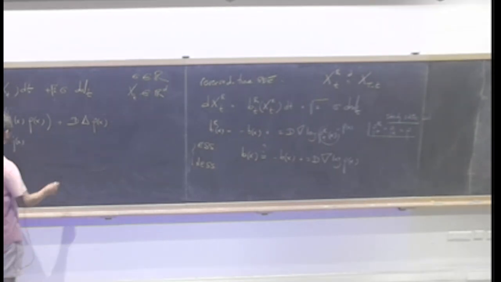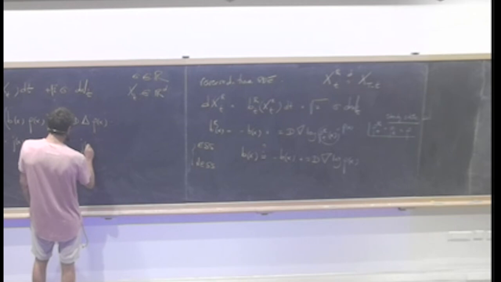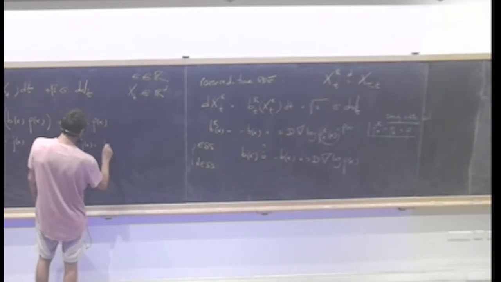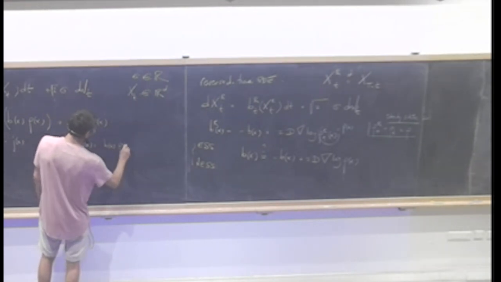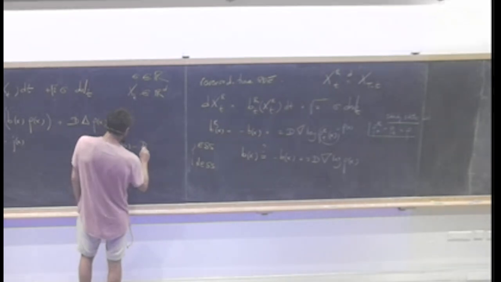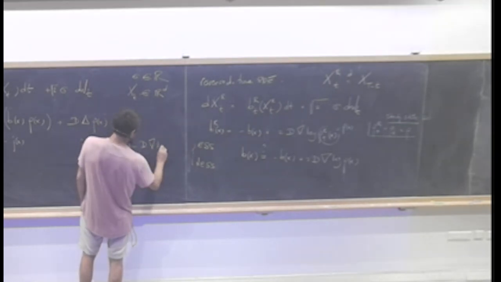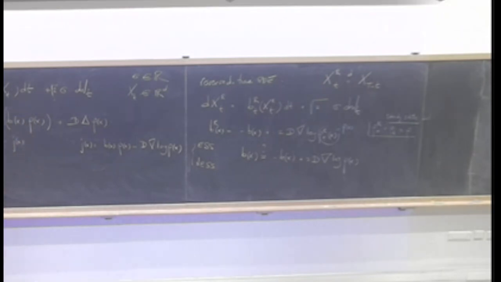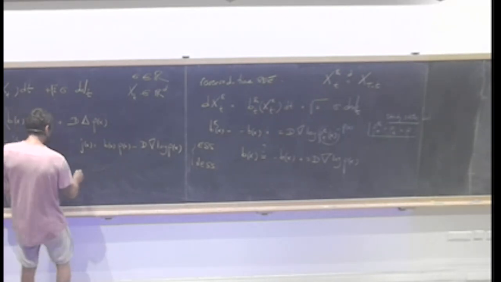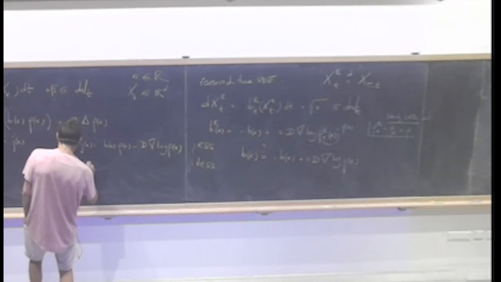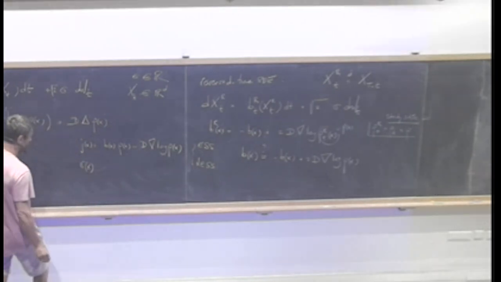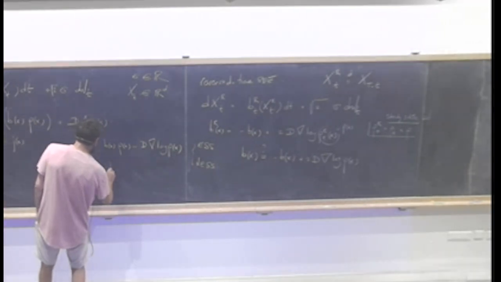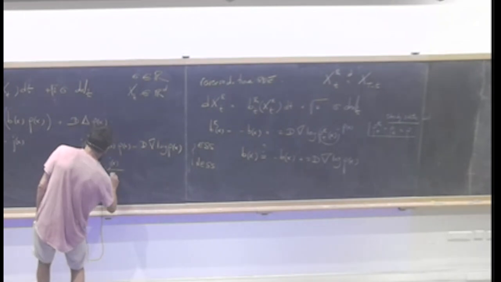This current is the one that you read from above: B of x rho of x minus D times the gradient of rho. And you can introduce another quantity, v of x, which is simply J of x divided by rho of x.